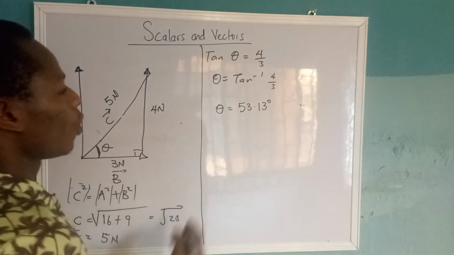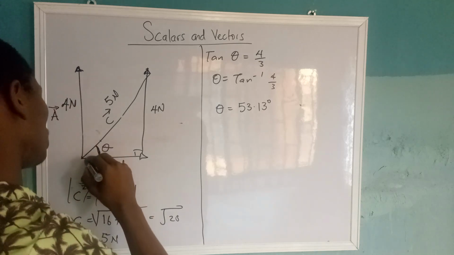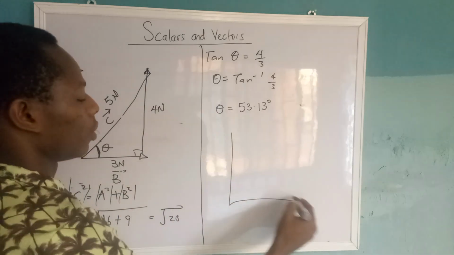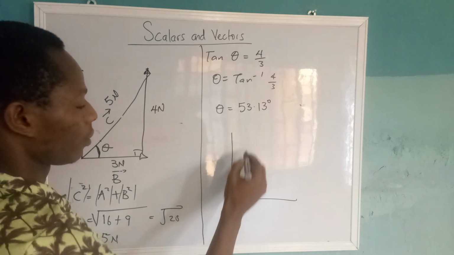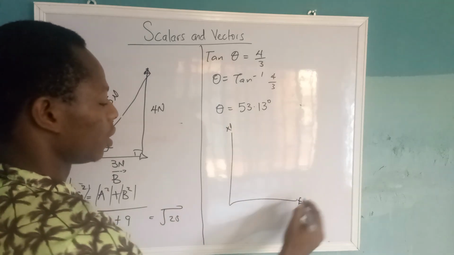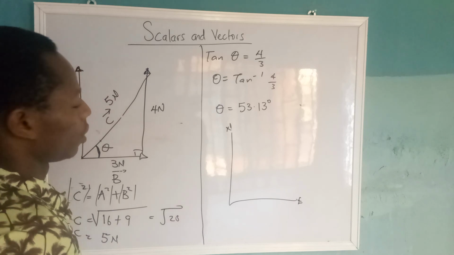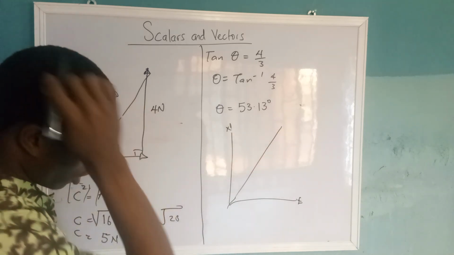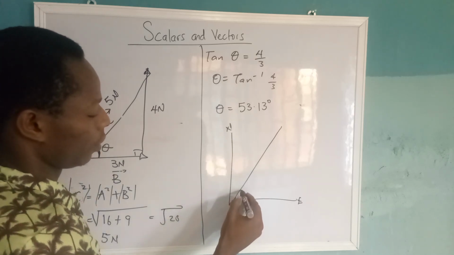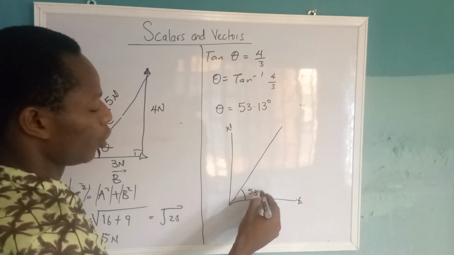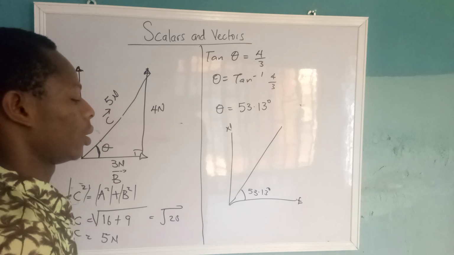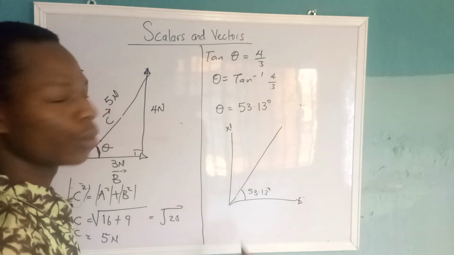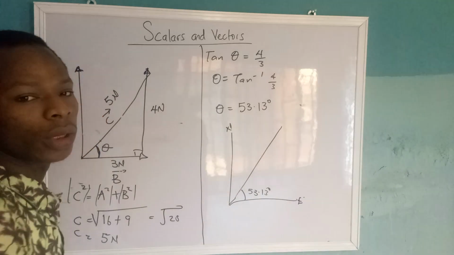But if you want to report your resultant, when you have something like this is north and this is east, your resultant is gotten from this common point here, and you have 53.13 degrees. You don't take the bearing east to north, you take your bearing north to east.